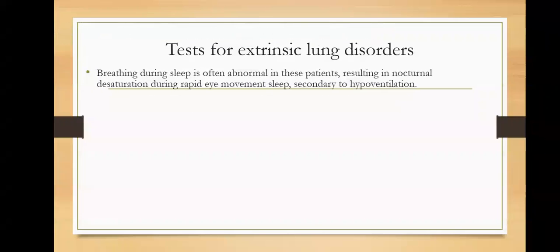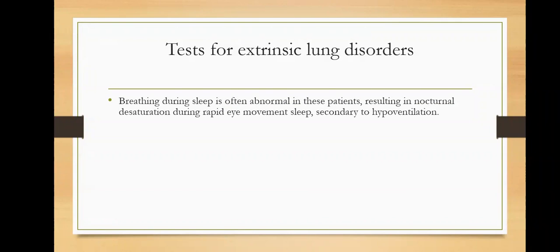So breathing during sleep is often abnormal in these patients. Generally, when we are talking about sleep, the breathing and respiration decrease, because when you sleep, the central pontine centers and the reticular formation activity decrease.